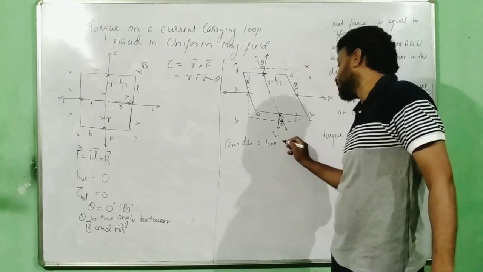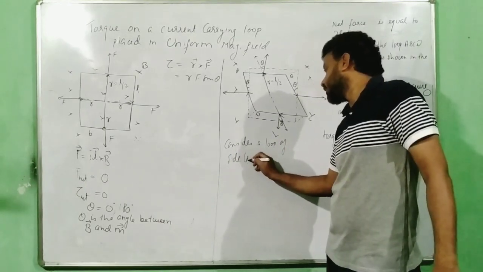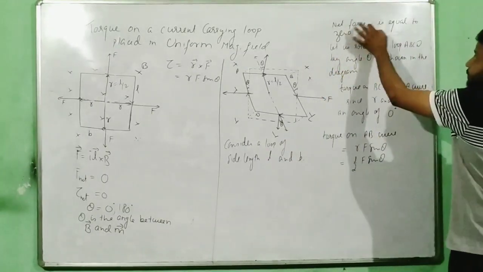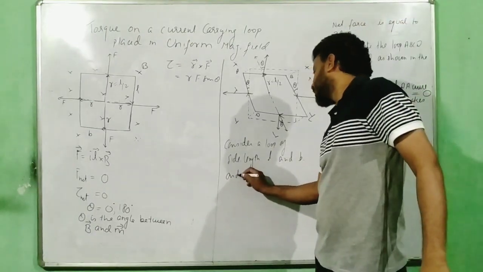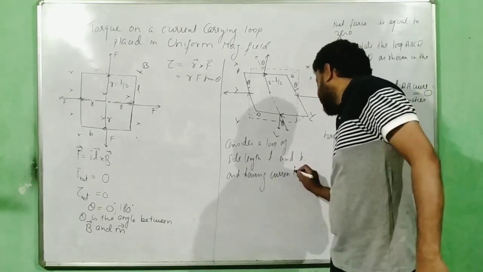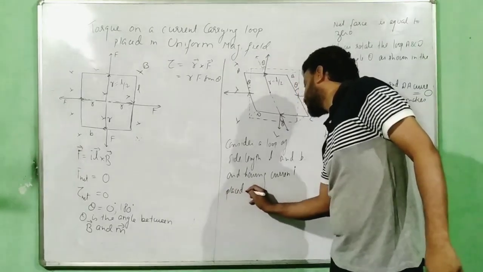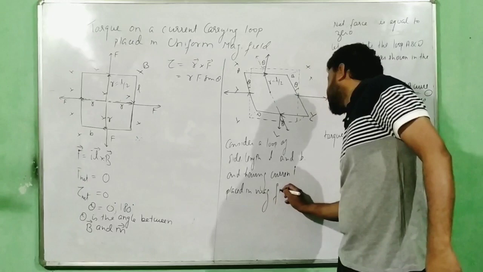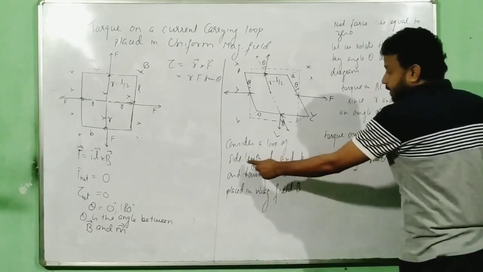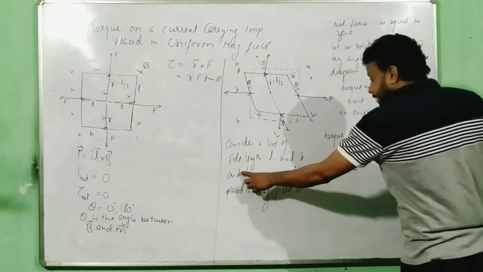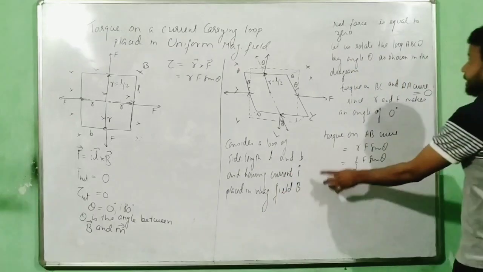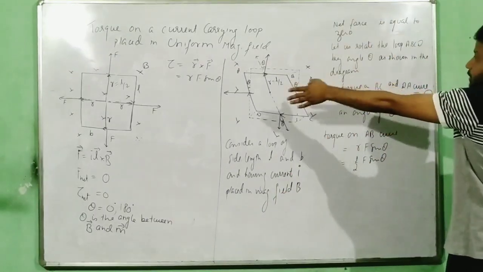Consider a loop of side length L and B, and having current I, placed in magnetic field B. Then we move forward. Now you can write net force is equal to 0, as shown in the diagram.